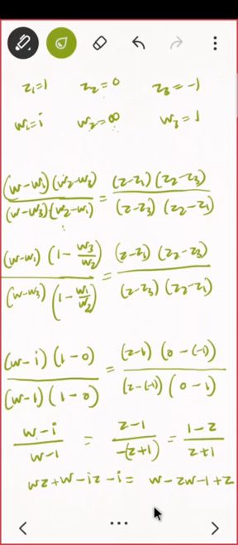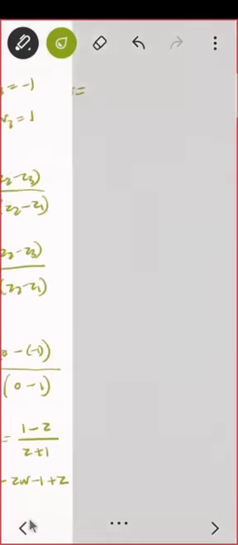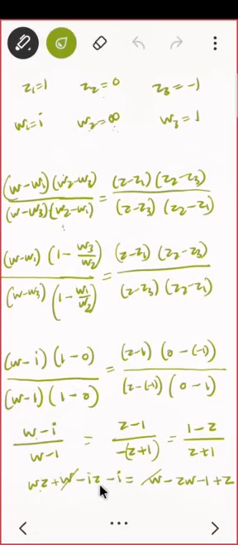Let us see if something is getting cancelled. w is on both sides, it is getting cancelled. The other things will be as it is. So let us take w aside, wz and here zw, so it will come here, so it will be 2 times zw, 2zw, equal to, put this on that side.